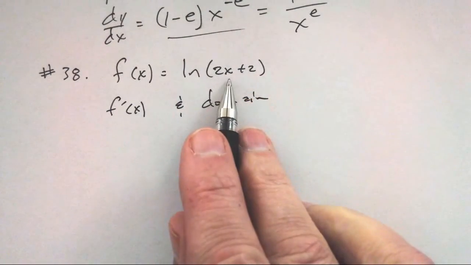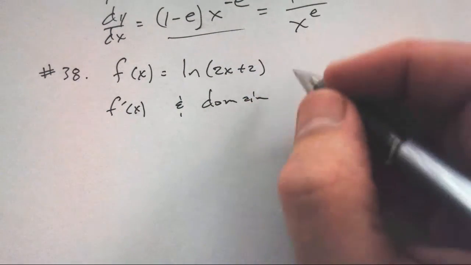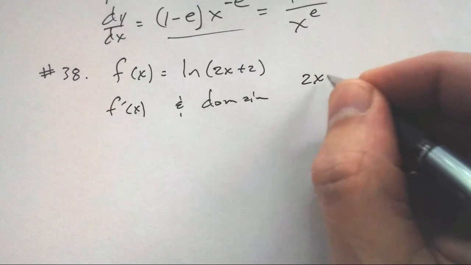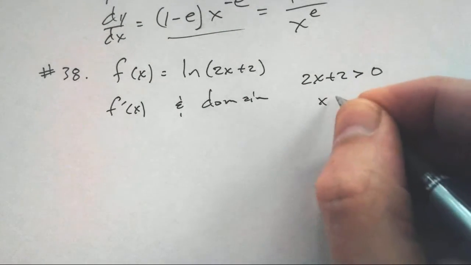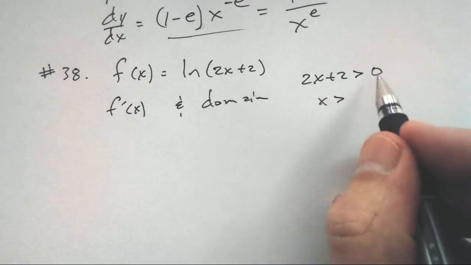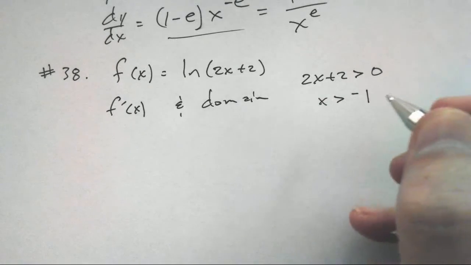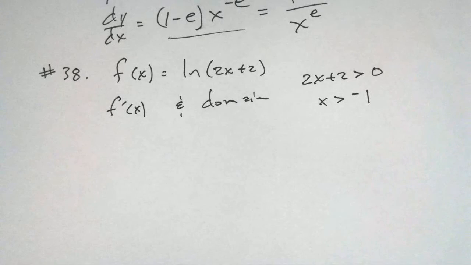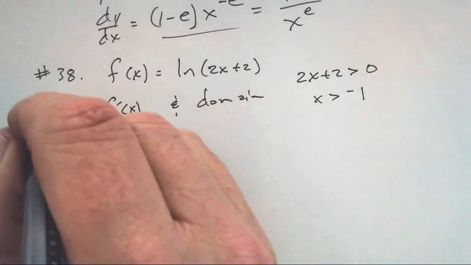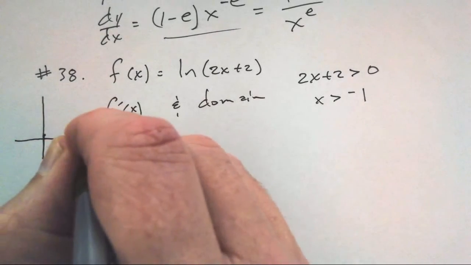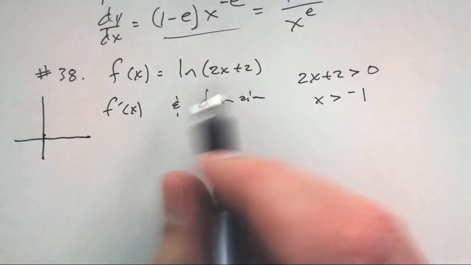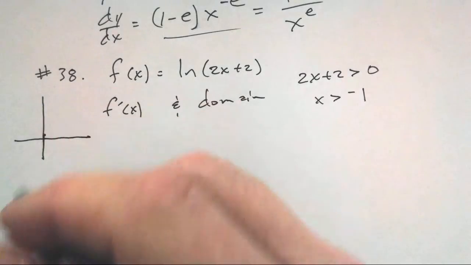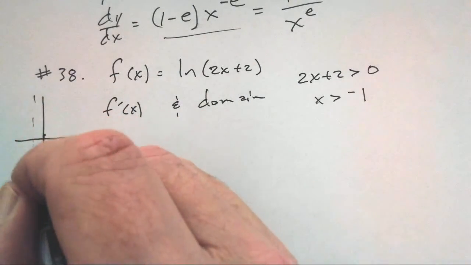Well, right now I know the domain of this function. The domain of this function, 2x plus 2, has to be bigger than 0. Therefore, x has to be bigger than, subtract 2, divide by 2, negative 1. And a logarithm should be differentiable any other place on the curve. Maybe we look for something special to happen when we find the derivative, but this logarithm, we know at negative 1 we've got an asymptote.